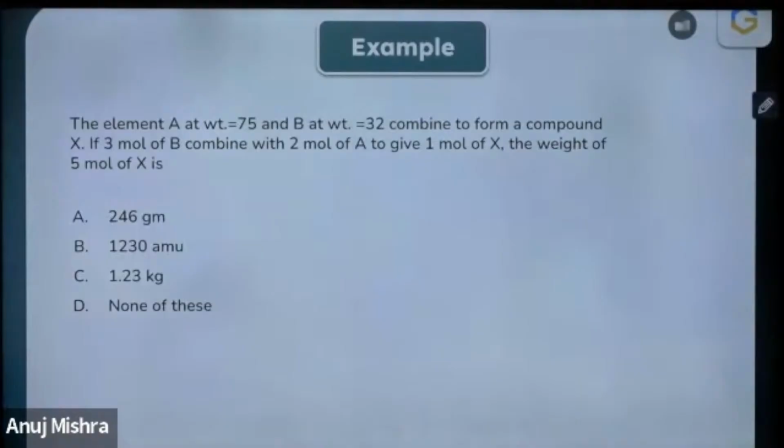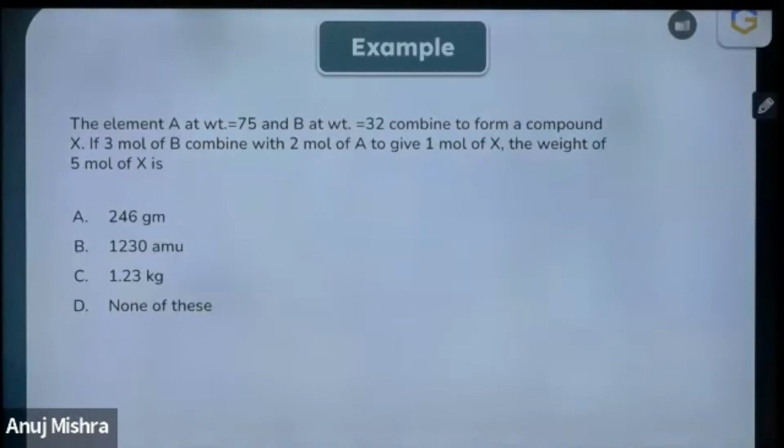Yes. Atomic weight is 75, 32. Done? Which one?